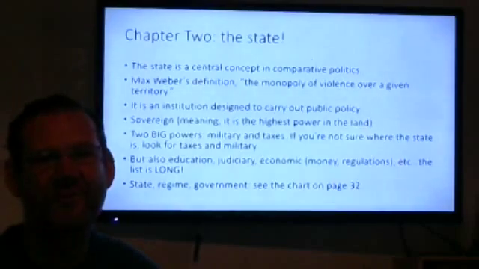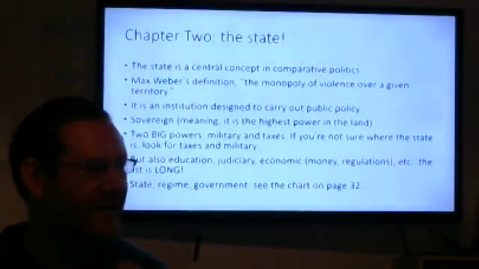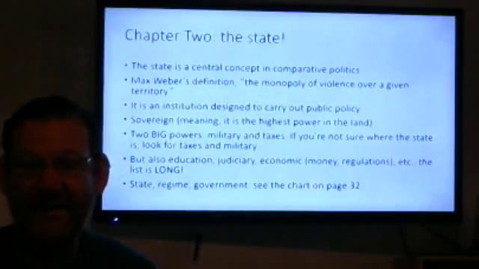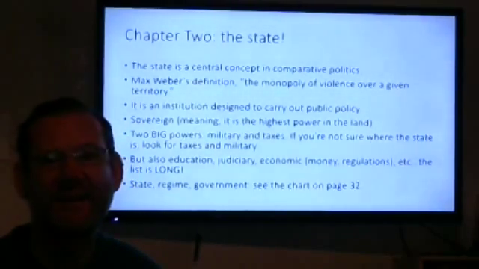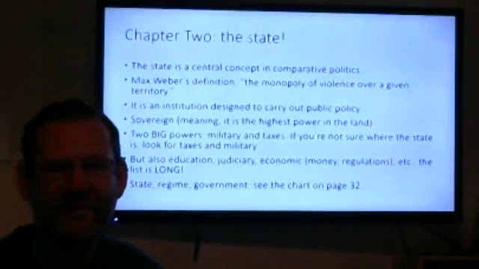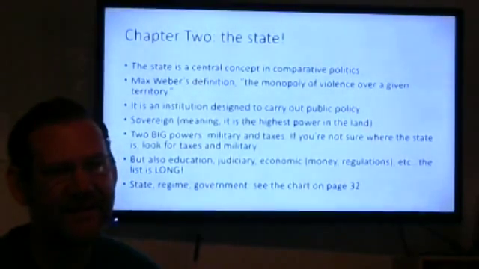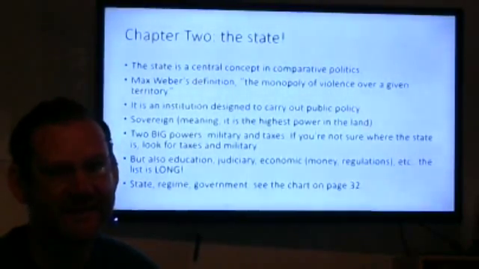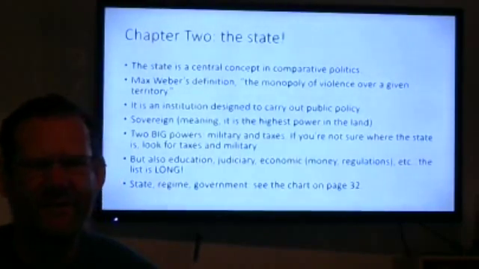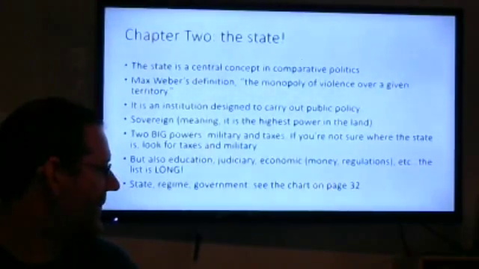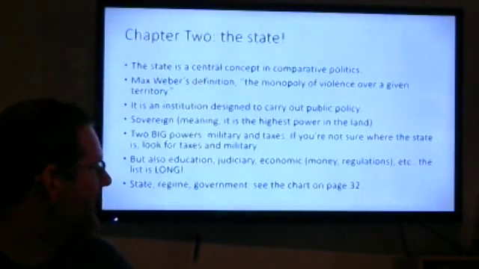He really set the terms for a lot of comparative study of politics. German dude, died almost exactly 100 years ago. He died in the influenza outbreak, I think it was 1918 or 19, maybe early 20s. So a little bit less than 100 years ago.